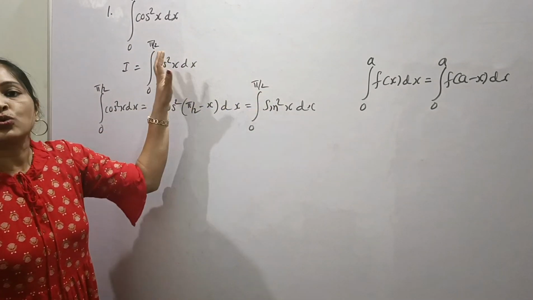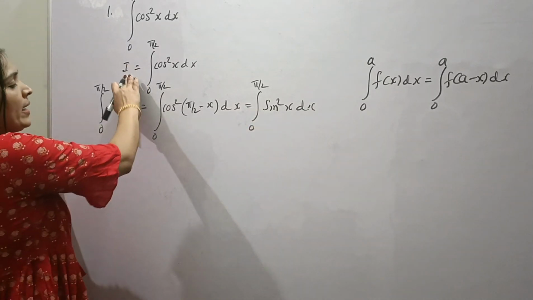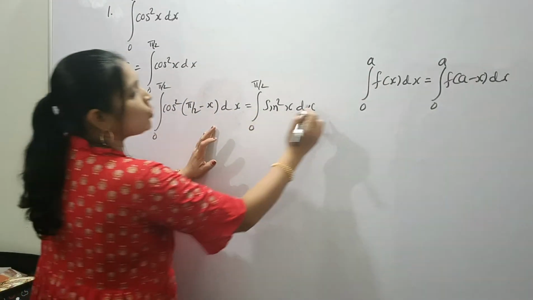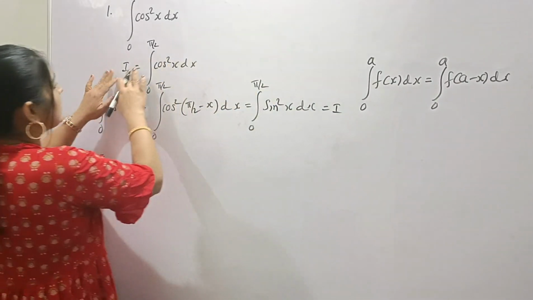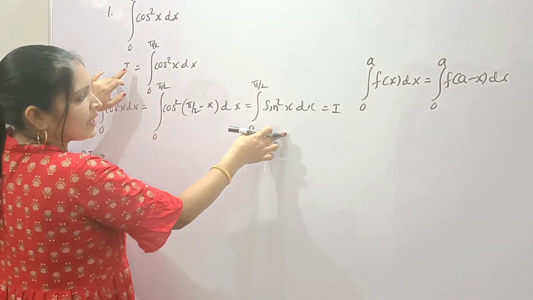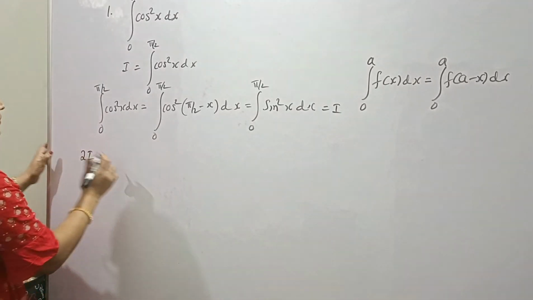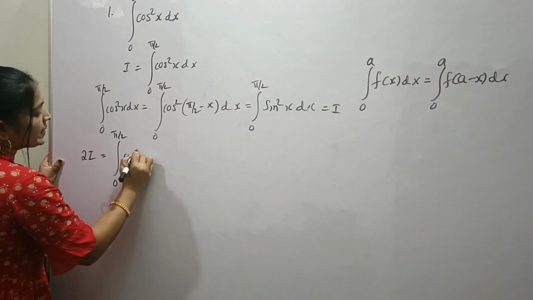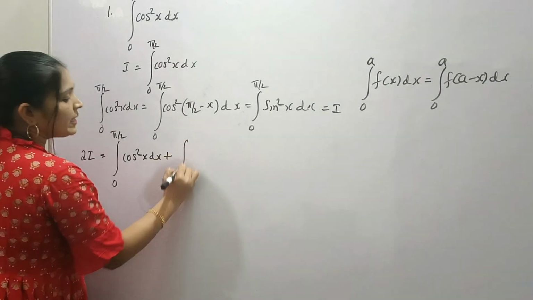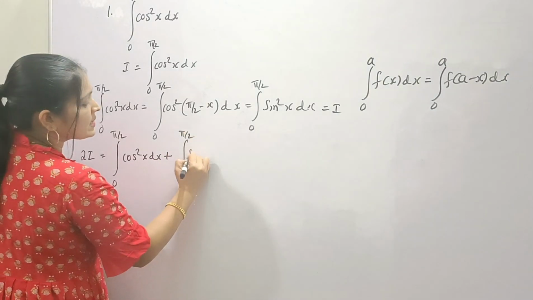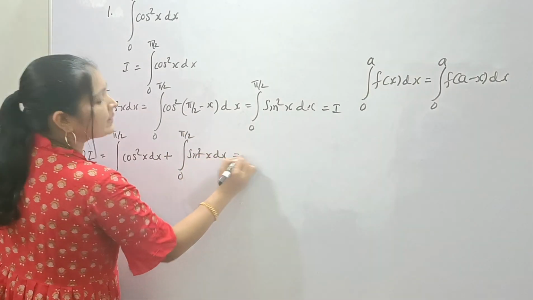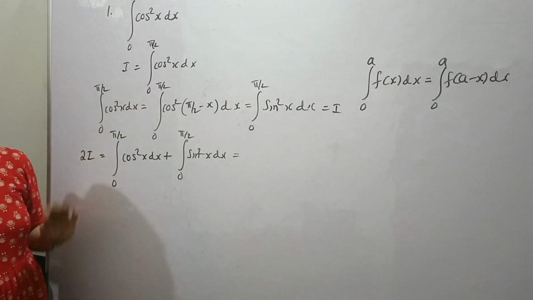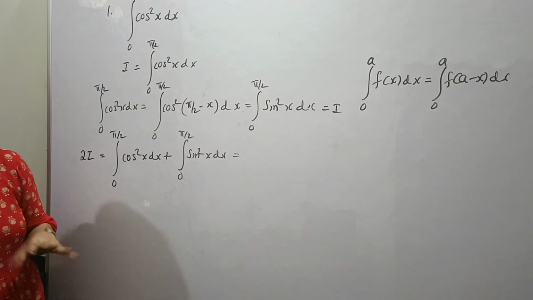So let's add these two integrals. I plus I, 2I, is equal to integral 0 to pi by 2 cos square x dx plus integral 0 to pi by 2 sin square x dx. Here our lower limit and upper limit are the same, so we can add integrands directly.